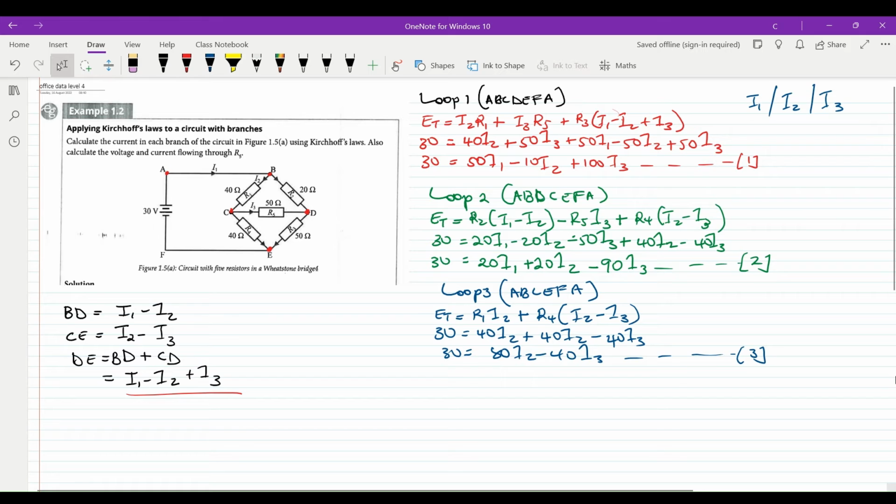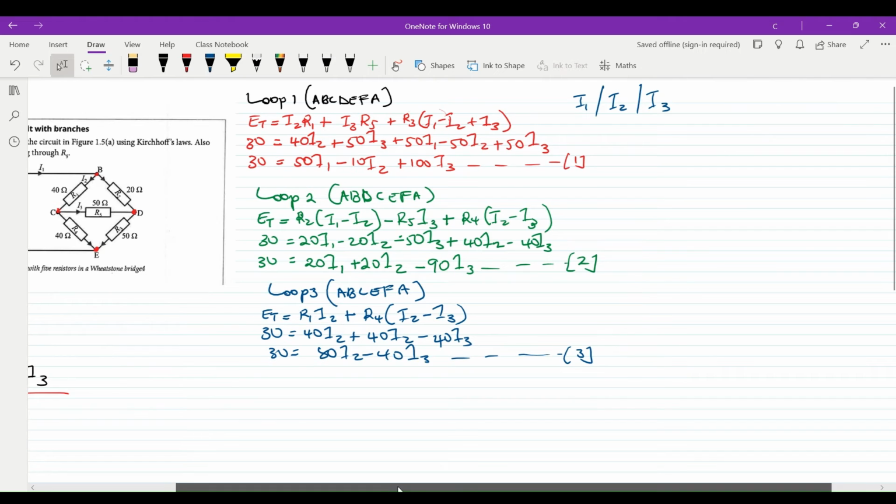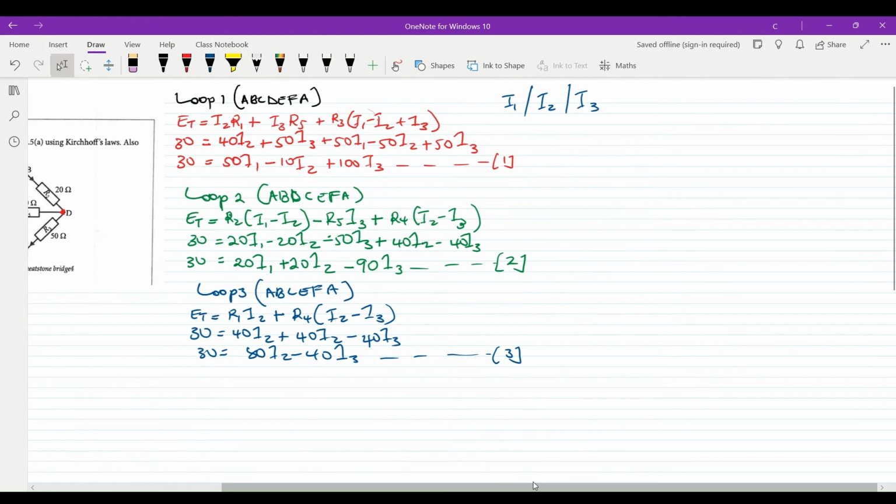Now, I want us to continue with our calculations, but we are going to just neglect our circuit for now so that we focus only on the loops that we have here. Now, we need to start calculating, colleagues. What do we do here?